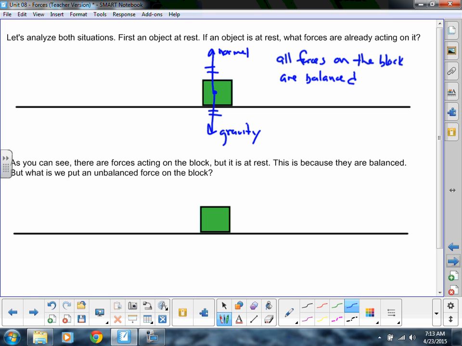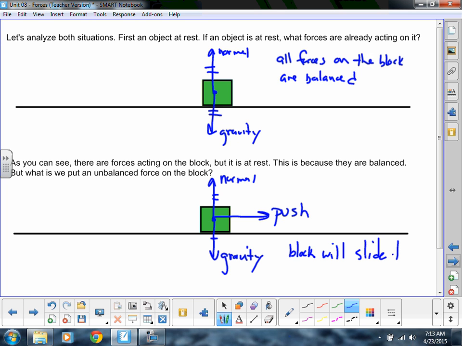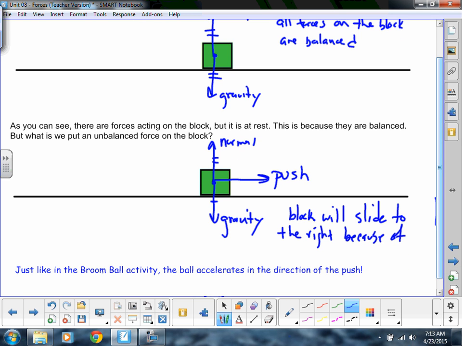But what if we put an unbalanced force on the block? Same block, we've got gravity, we've got the normal force pushing back up on it, but now we're going to push on the block to the right. Because of that, the block will slide to the right, because of the unbalanced force.